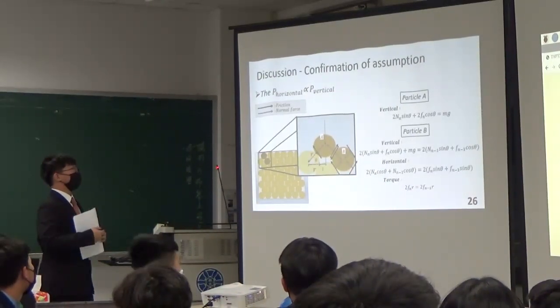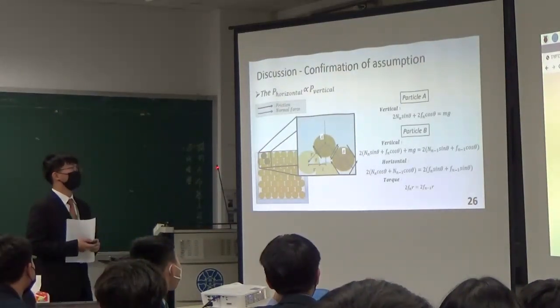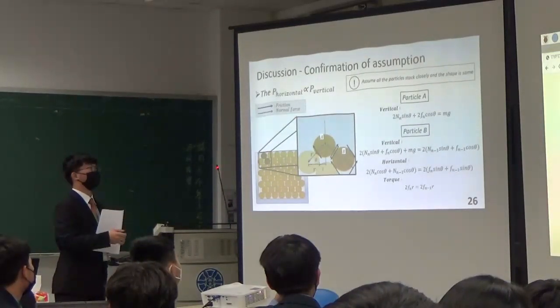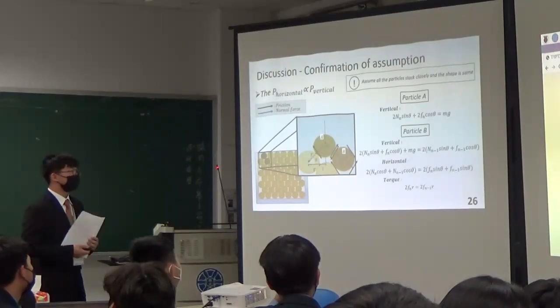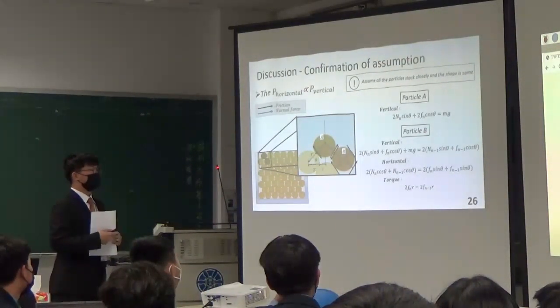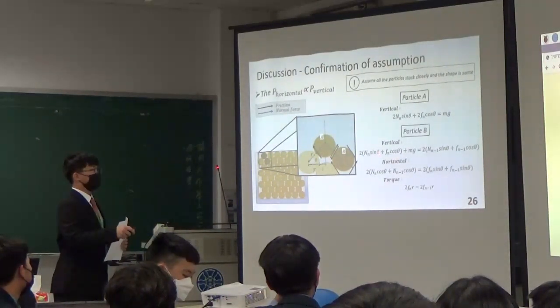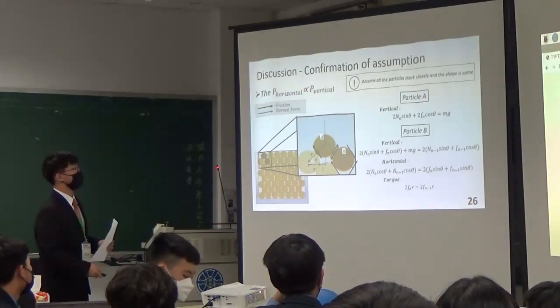And the next discussion is about proving that the horizontal pressure is proportional to the vertical pressure. In this condition, we can only assume that all the particles are stacked closely and have the same shape. So each particle is balanced by the friction and the normal force. We can rewrite the expression like this, which separately can be described as vertical, horizontal, and torque balance.